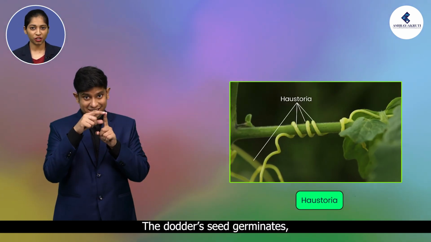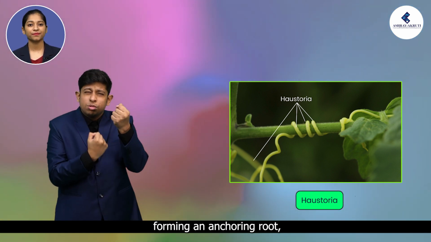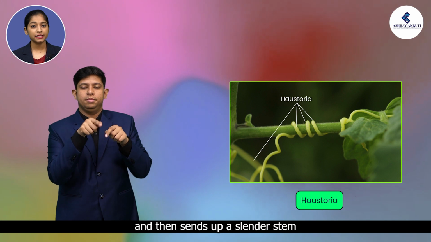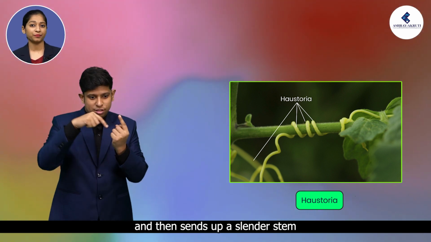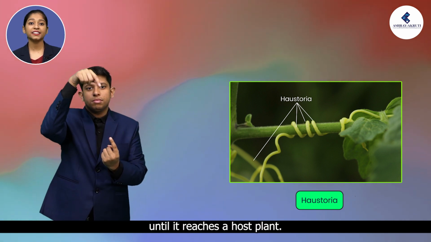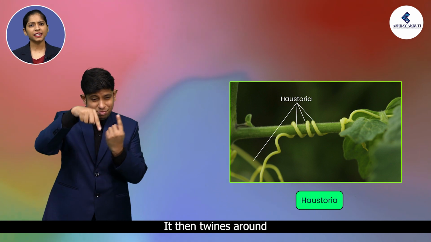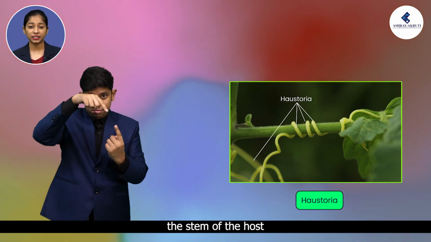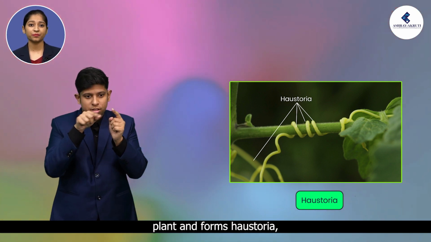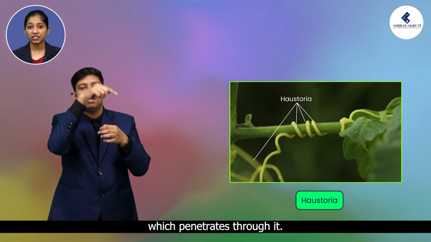The dodder seed germinates, forming an anchoring root, and then sends up a slender stem that grows in a spiral fashion until it reaches a host plant. It then twines around the stem of the host plant and forms haustoria, which penetrate through it.